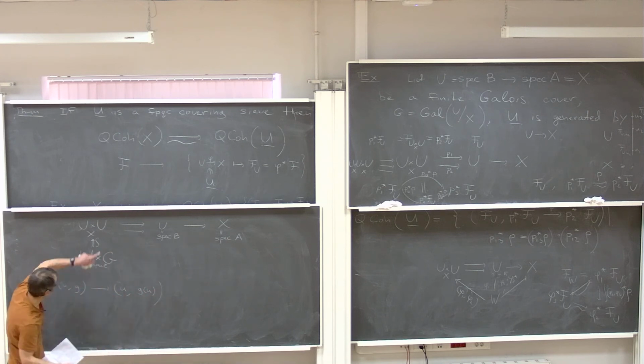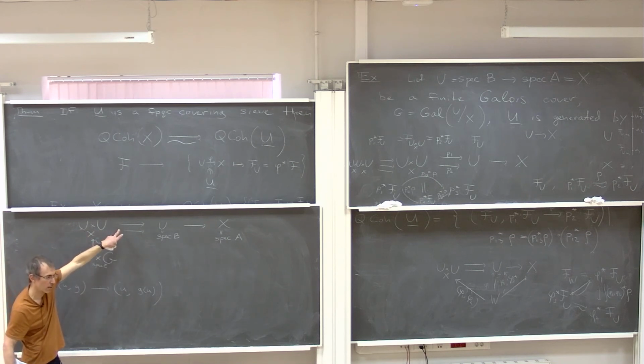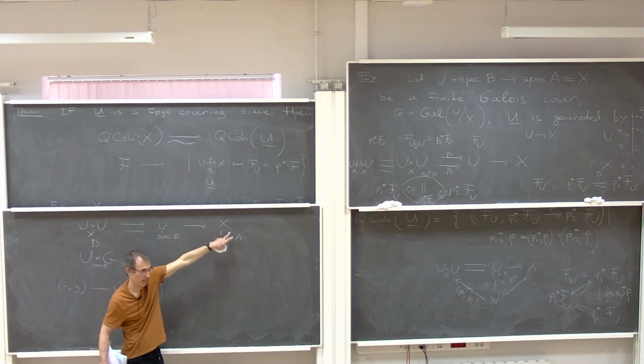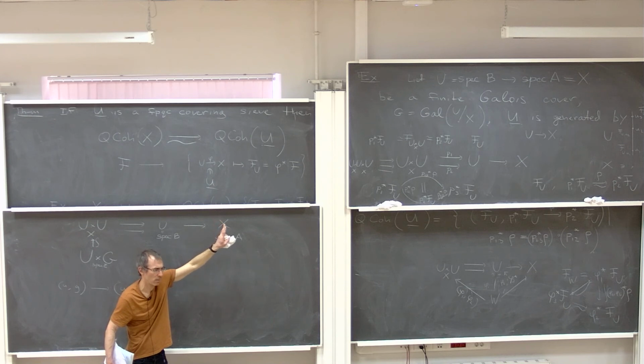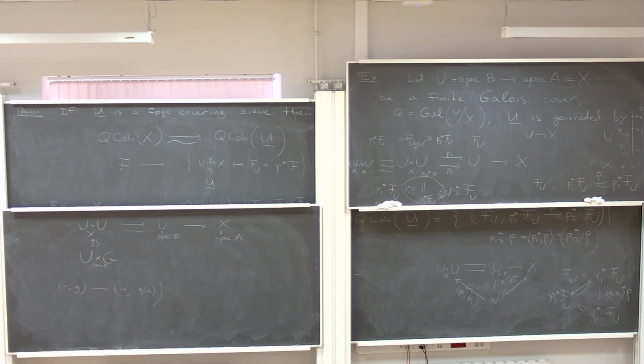Remember that G acts on U. So this gives me this map. These are maps between finite Galois covers of X. And it's an isomorphism on a fiber, one fiber. Just take any fiber over a geometric point. So because the fiber functor is conservative, it must be an isomorphism. Right?